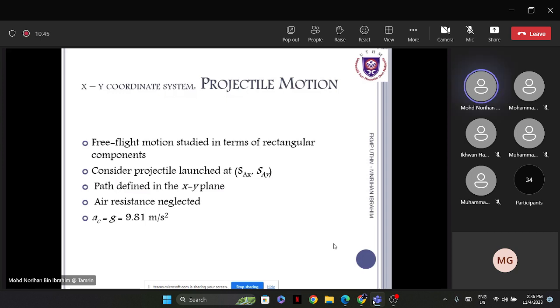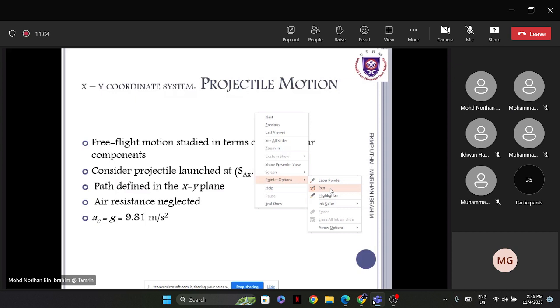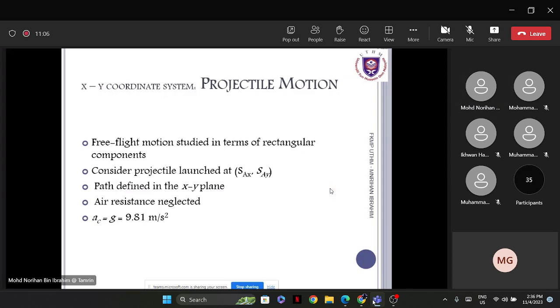And the projectile accelerations, if you look at this statement, a subscript c actually represents the constant acceleration for the projectile, which is equal to g, which is equal to 9.81, and it is always directed downward. g is equal to 9.81, directed downward.